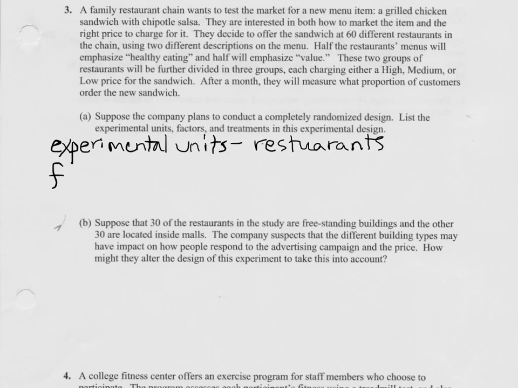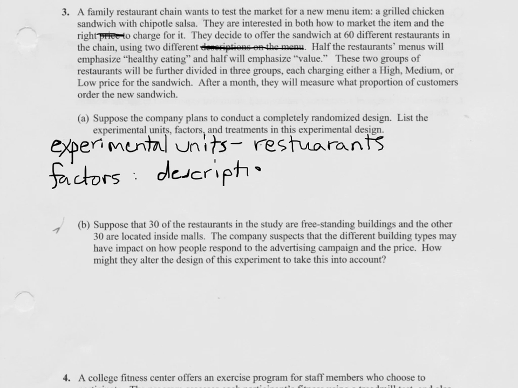The factors are the descriptions on the menu and the price. So, description of menu and the price.